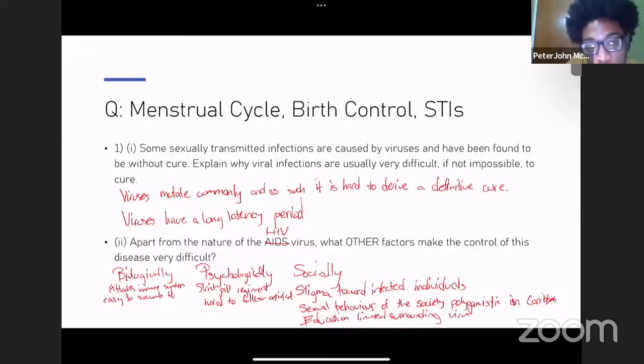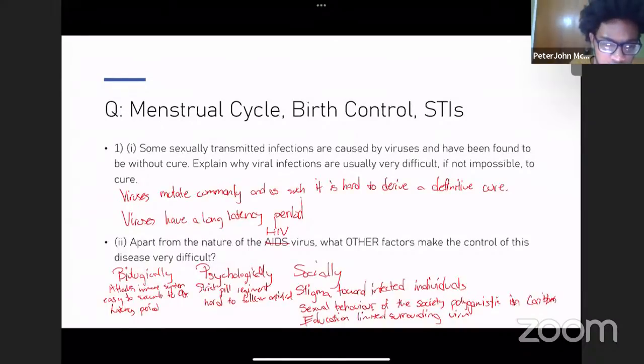Biological, what else? Anything else? Guys, just spit out answers. Come on. Again, the latency period. A lot of people don't even know they have it. Another thing, the virus again affects the immune system. What cells?